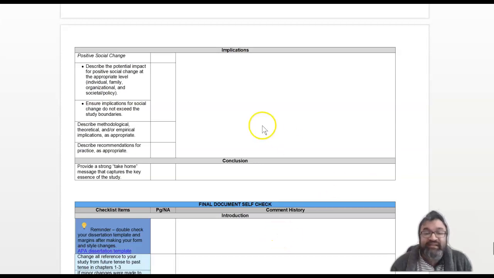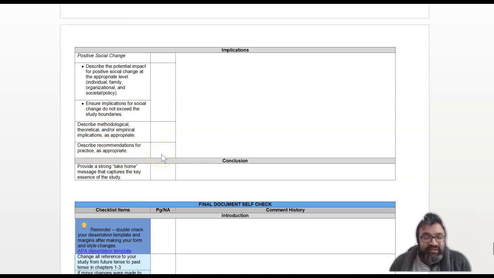And ensure, again, the implications can't be overreaching. They have to be from the context of your study. And any sort of methodological, theoretical, or empirical implications are also important, and then recommendations for practice.